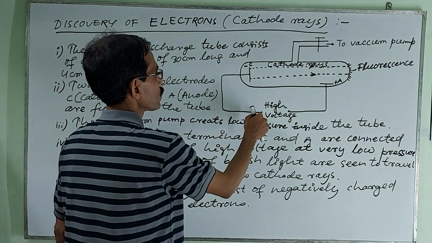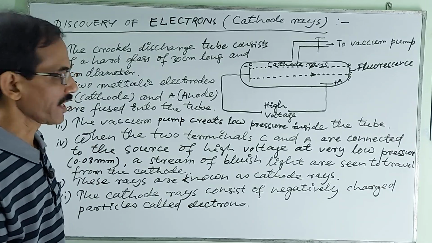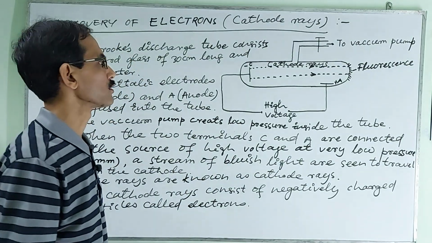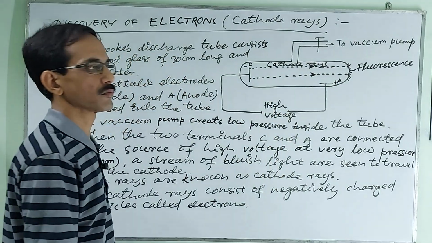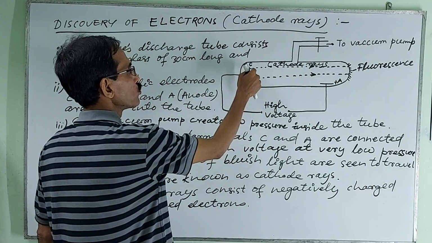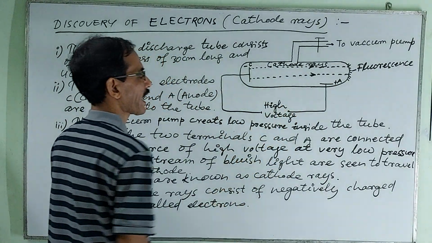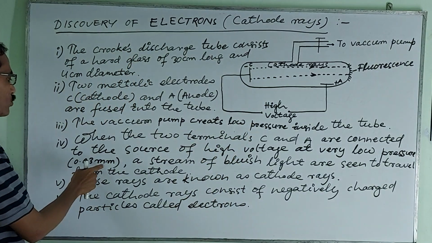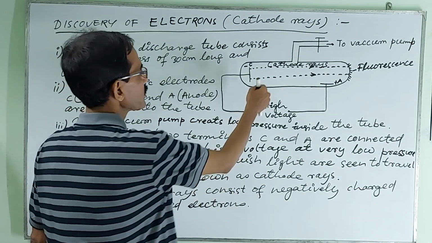When these two electrodes, cathode and anode, are connected to a source of high voltage, with very low pressure inside the tube, say 0.03 millimeter, then what happens?